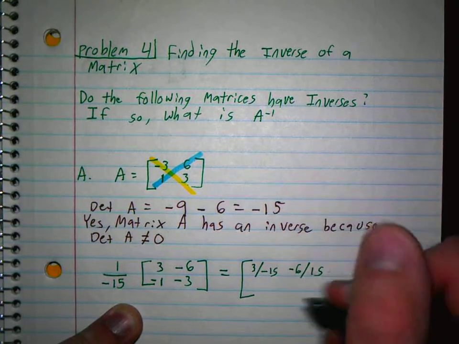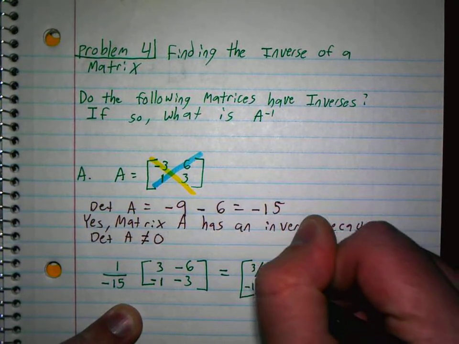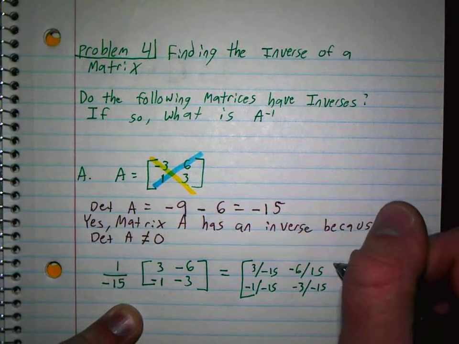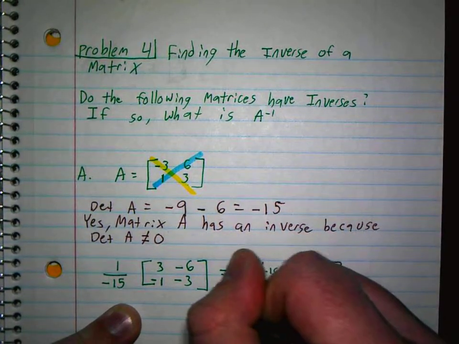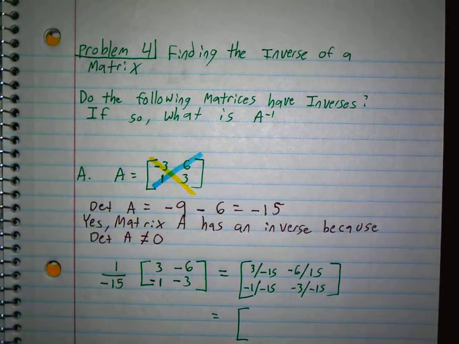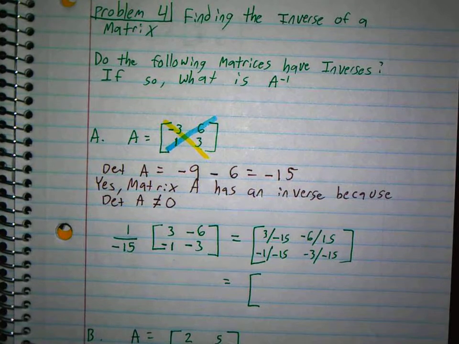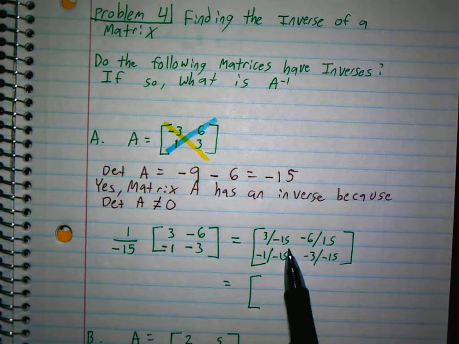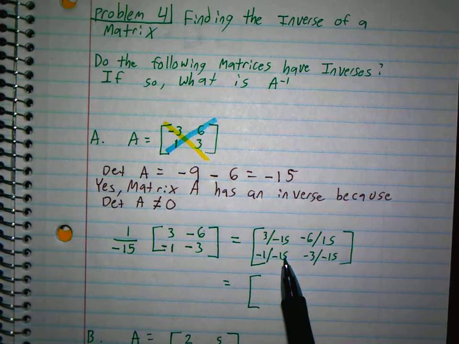Otherwise it may be confusing. And so 3 divided by -15, how does that reduce? Let's see. 3 divided by 3 is 1, 15 divided by 3 is 5. So can I write that as -1/5, right?